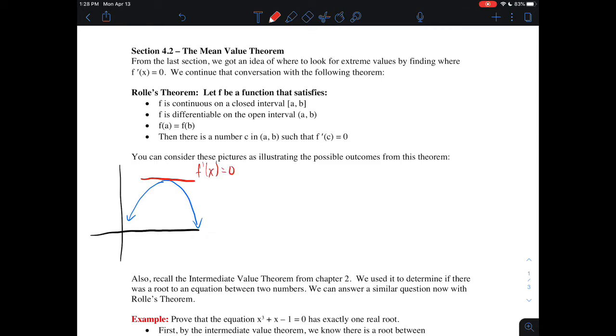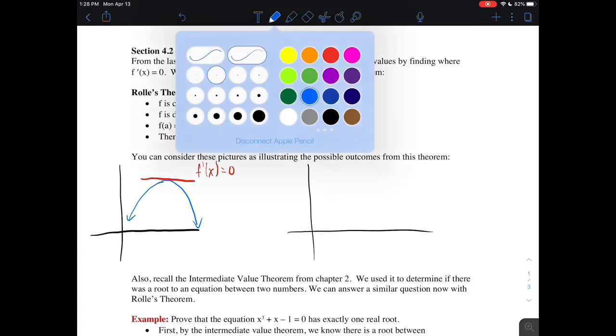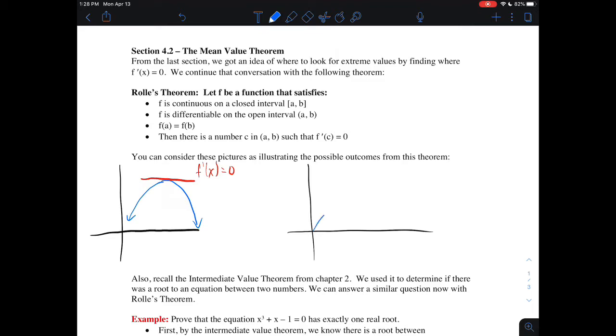We've seen that with trigonometric functions, where the sine or cosine, again, can go up, and then down, and then back up again, and again, at those turning points, that's where the derivative is equal to 0.